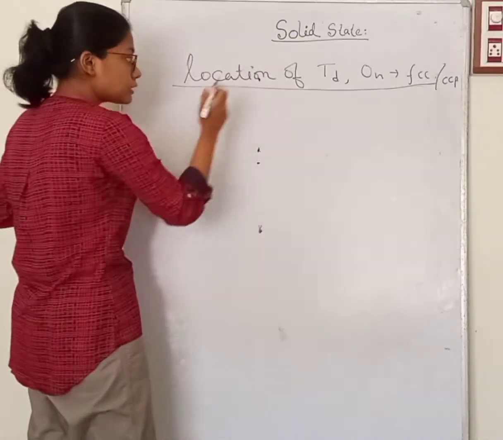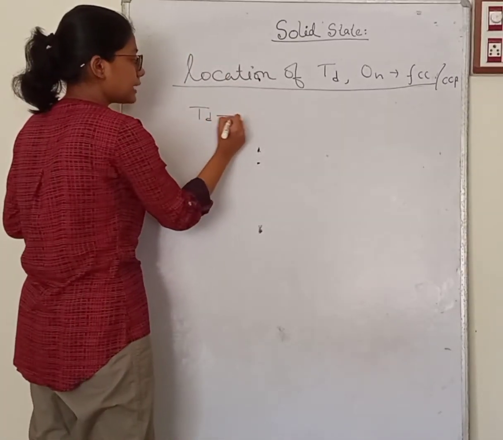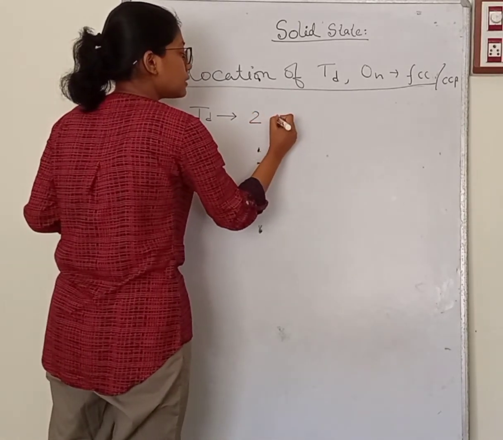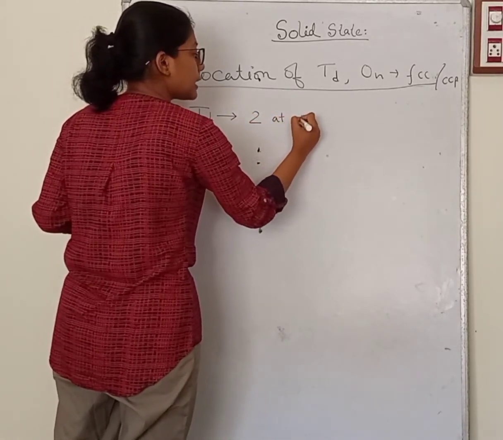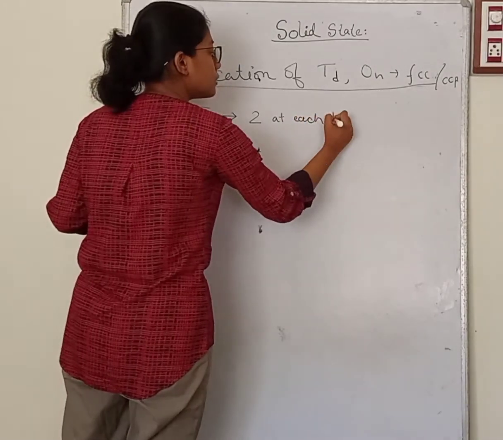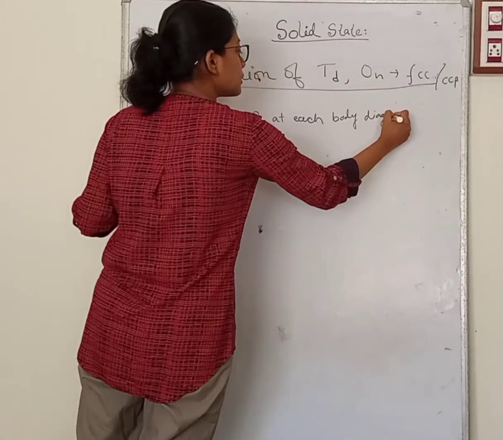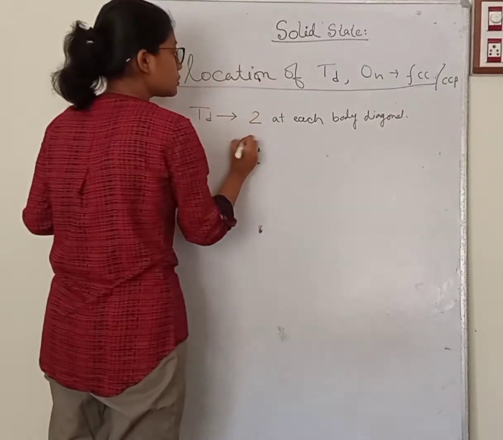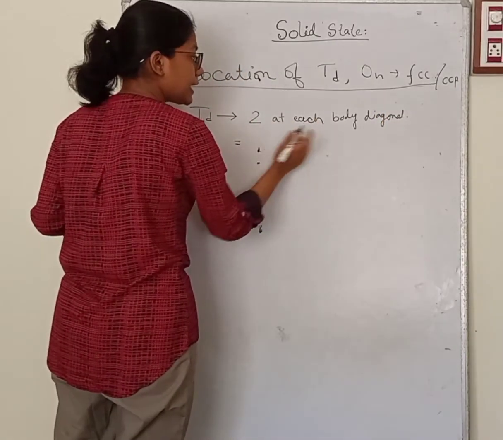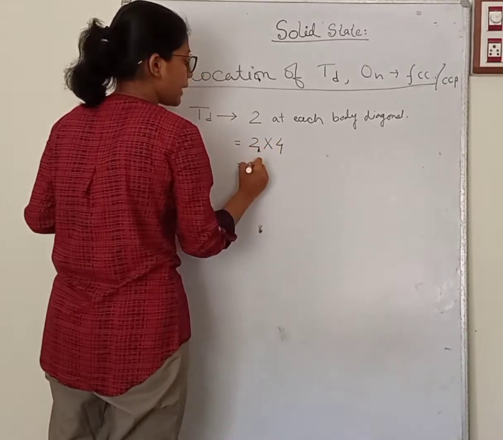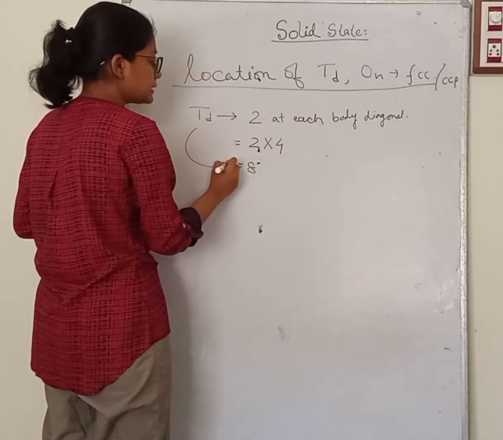Tetrahedral voids are present 2 at each body diagonal. How many body diagonals are there? There are 4 body diagonals, so 2 into 4 is equal to 8. So for FCC it is 8.